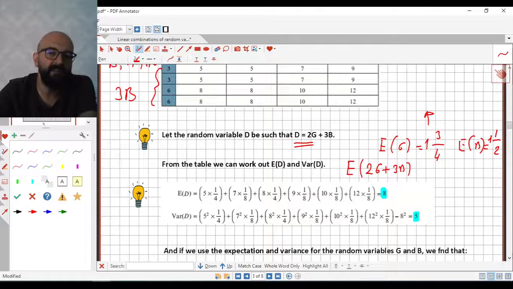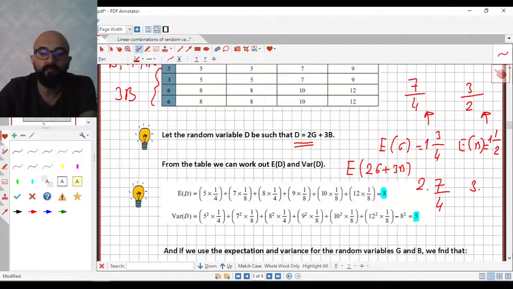I can write these numbers as 7/4 and 3/2. Using multiplication, 2G means 2 times 7/4, and 3 times 3/2, so it's 7/2 and 9/2, which becomes 16/2, and I can write 8 instead of 16/2.